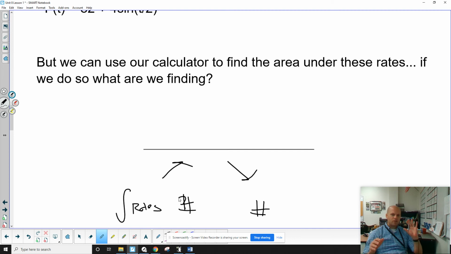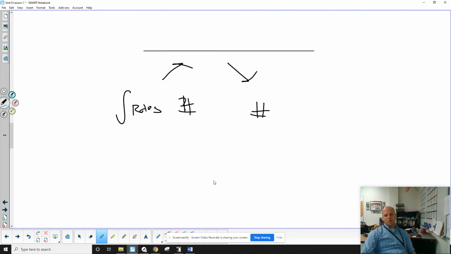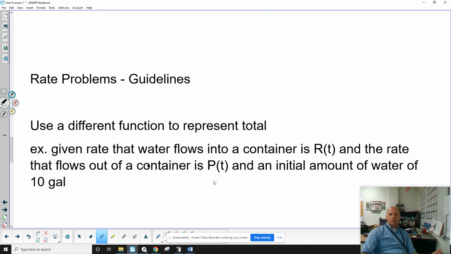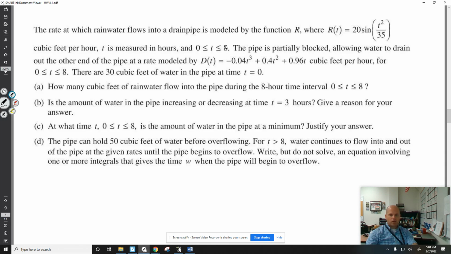Now, it's going to be a little bit different though, because all of the other questions that we had from last unit, you're given one velocity, you're given one derivative, you're given v. But here we are given 2 velocities. We got a velocity in and a velocity out. We have a rate in and a rate out.